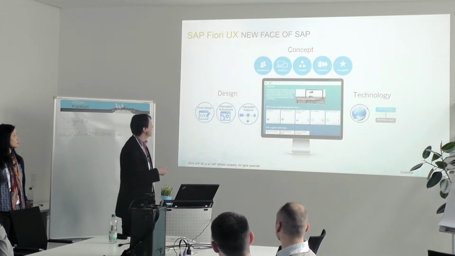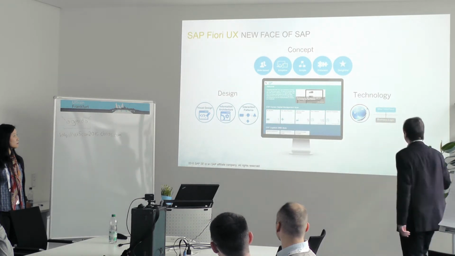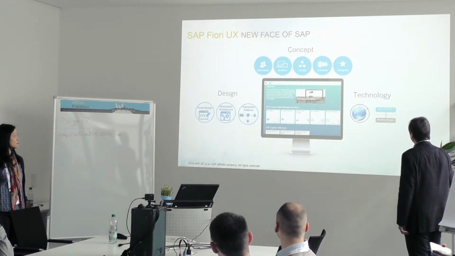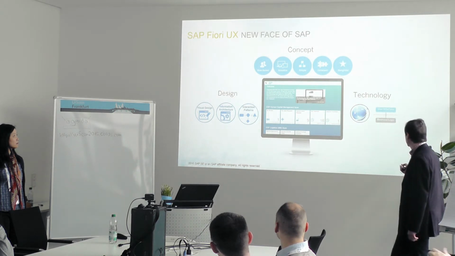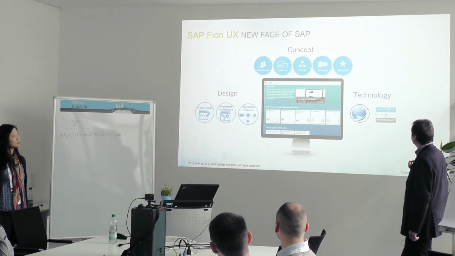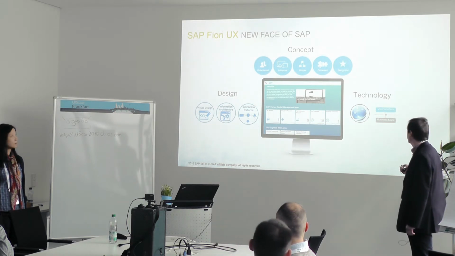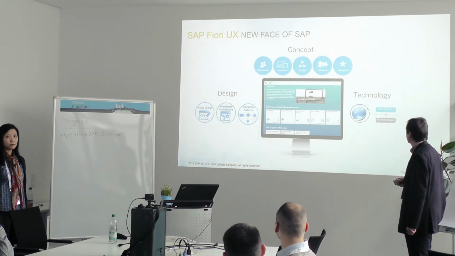So this is the design side, but from the technology point of view, it's separated into front end and back end. We have the business logic, which could typically be in an ABAP system, connected by the gateway to the front end, and this is where UI5 comes in. It might look like a small part here, but it's a crucial part for the front end.